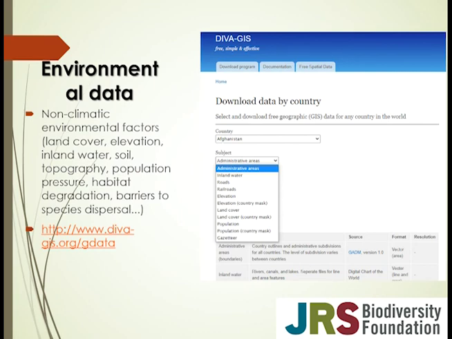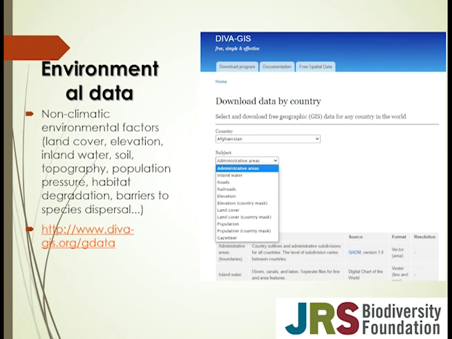You have some important sites, for instance, this site to download non-environmental factors. On this site, you have its address there. You can download the administrative area, for instance, inland water, roads, railways, elevation, land cover, population, the gazetteer, etc. You can download this from this site.